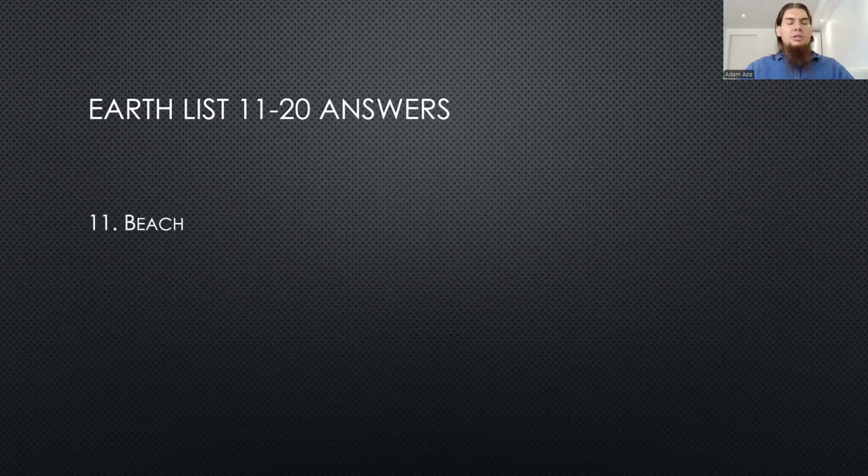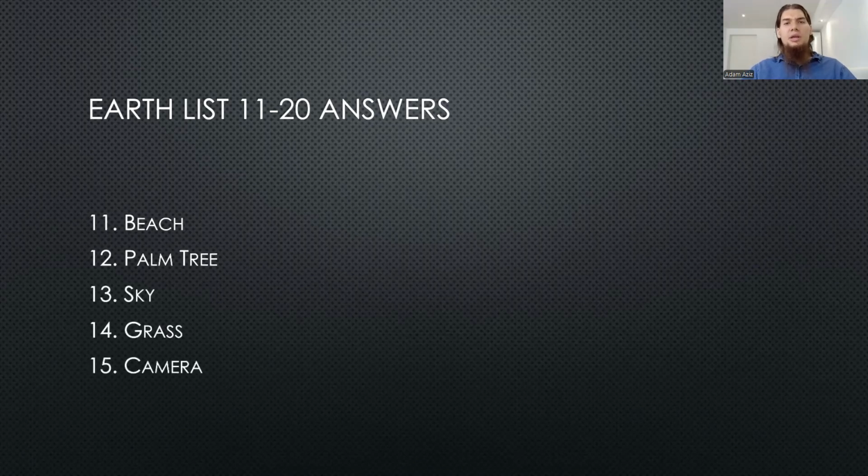Number 12 was palm tree. You could see eggs in the palm tree. Number 13 is sky. You could see red and white stripes in the sky. Number 14 is grass. You could see a stone in the grass. Number 15 is camera. You could see a camera on one of the islands. Number 16 is pencil.